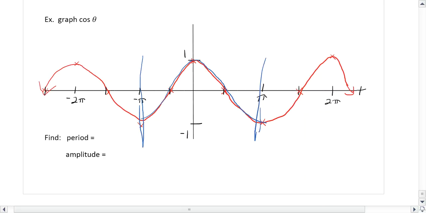So that's a repeat. That's the period. But it may be a little tougher to judge the distance. Well, if we're at 0 here when we go -pi, and here we go 0 to +pi, the distance of the repeat pattern is 2pi. And once again, high to low, we're here at 1 to -1, total height of 2. So the amplitude for the cosine curve is also 1.